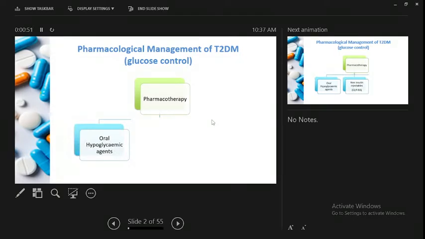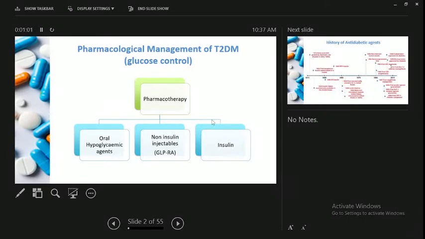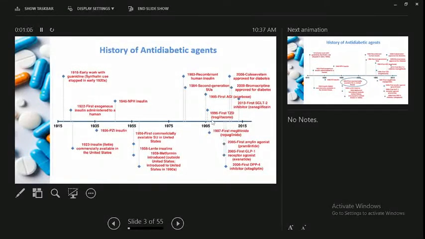When it comes to the pharmacological management or glucose control, there are three types of medications you can use. That is the oral hypoglycemic agents, then the non-insulin injectables, that is the GLP-1 receptor agonists such as liraglutide and exenatide, and then you have your good old insulin. If you look at the history of anti-diabetic agents, insulin was the first that came into the market.